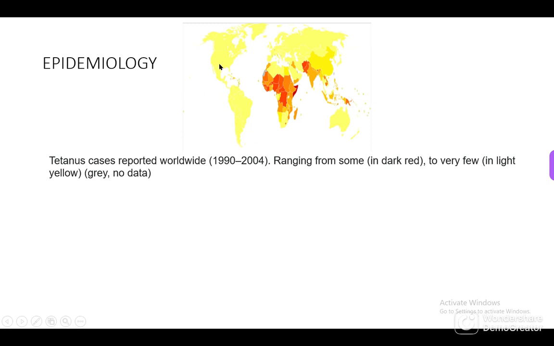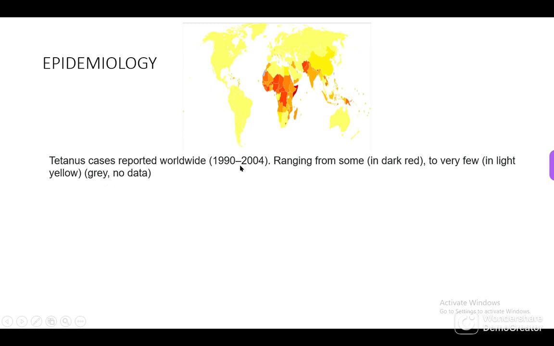Light yellow coloring shows North America, South America, Australia and New Zealand. Grey means no data are available.